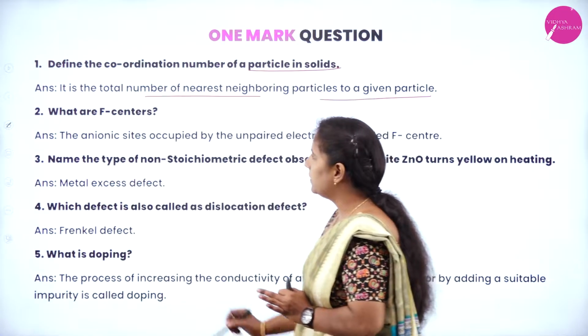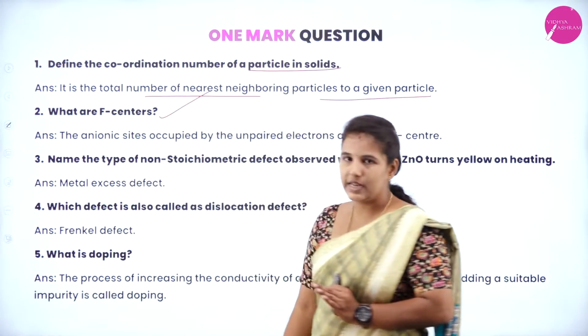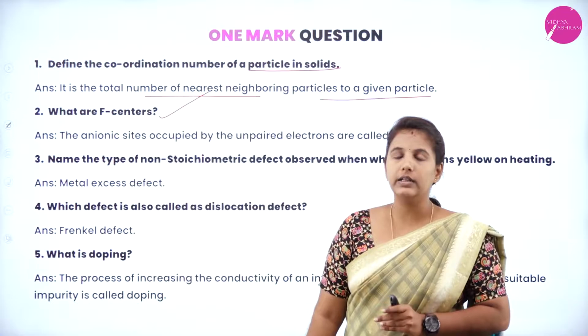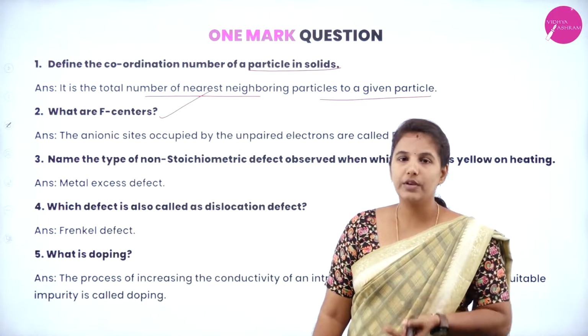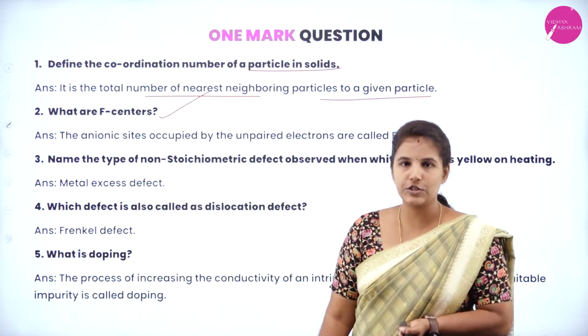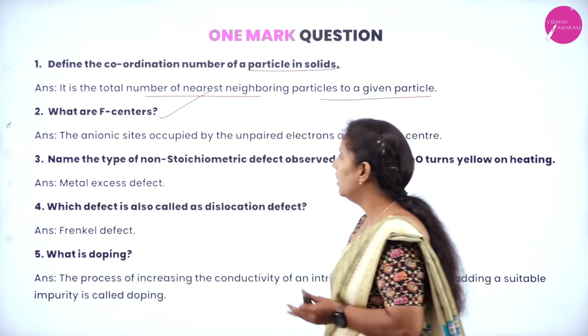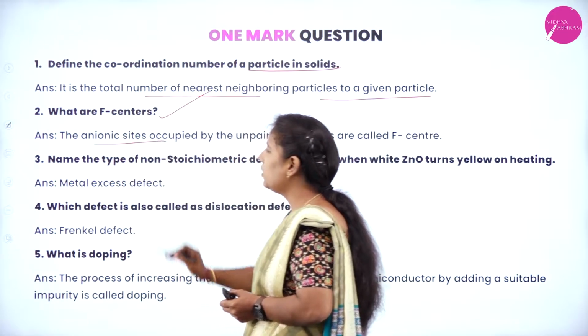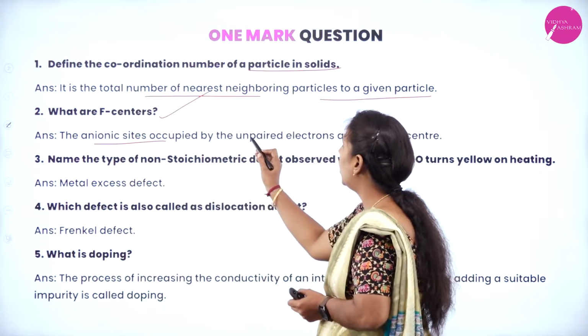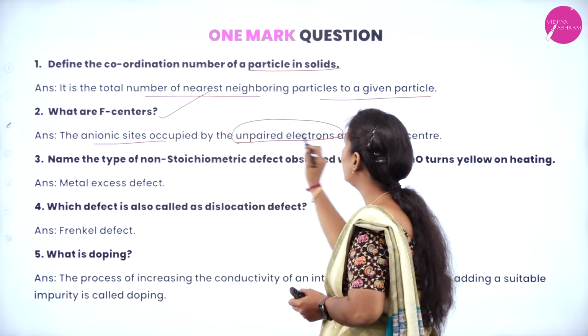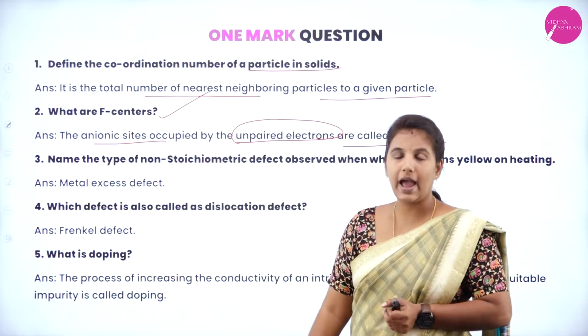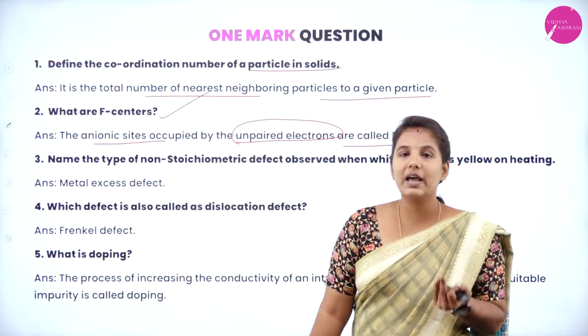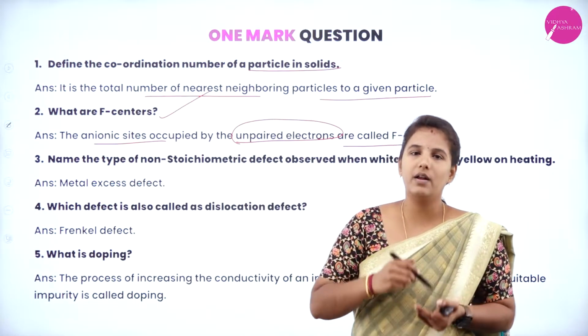The next question will be, what are F centers? You know the F center which we have studied in the imperfections in solids part. It is an anionic site, an anionic vacancy, which is occupied by unpaired electrons.